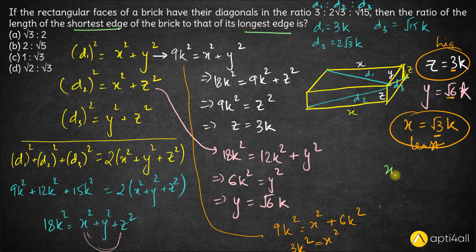So we have to find the ratio of the shortest edge x and the longest edge z here. So x is root 3 k and z is 3k. k cancels out. We have root 3 by 3. Now root 3 gets cancelled out with root 3 and it becomes 1 upon root 3. So the required ratio is 1 by root 3. Option C is the right answer here. Thank you.